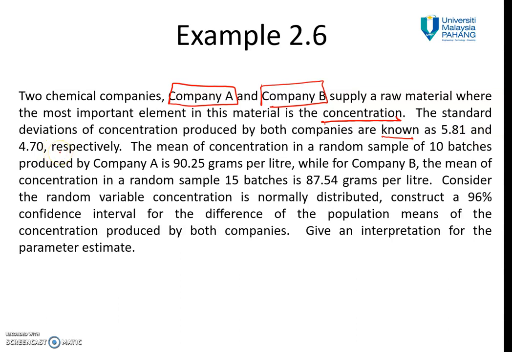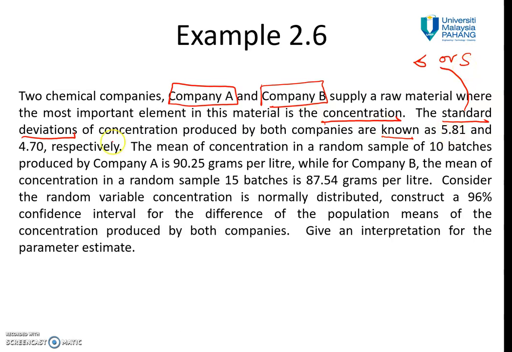So if we look here, this value is a standard deviation. Is it sigma or is it S? You must know whether it's a parameter or a statistic. In the previous video, a parameter you calculate from the population, while a statistic you calculate from a sample.